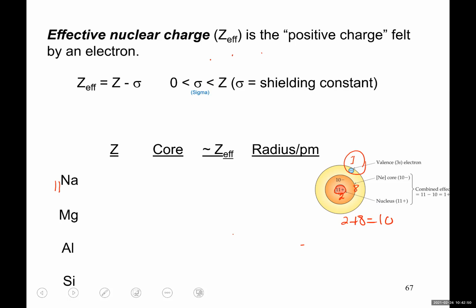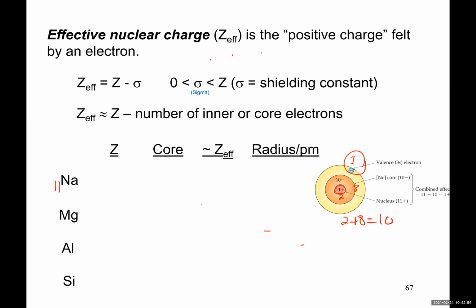What is the charge of the nucleus? Well, the charge of the nucleus is the number of protons. So can I say Z is 11? And how many inner electrons? 10.